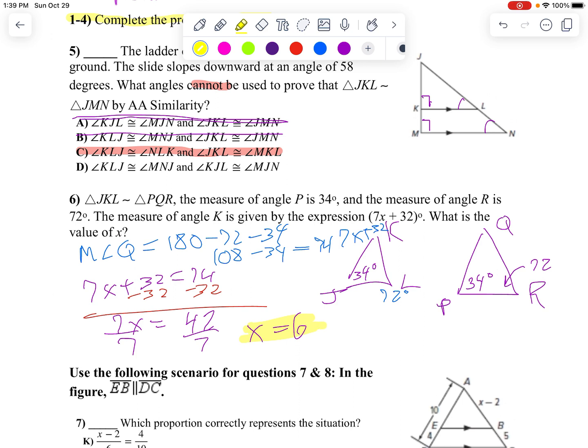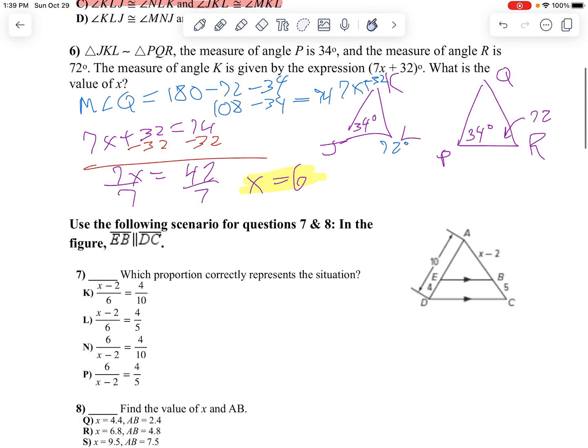Let's take a look at number 7 here. I want to know which proportion I could use given that EB, let's mark that down, is parallel to DC, so I know these two angles are corresponding, so they're equal. I know these two angles are corresponding, so they're equal. So if I look at my choices here, I'm going to have x minus 2 is to 6.